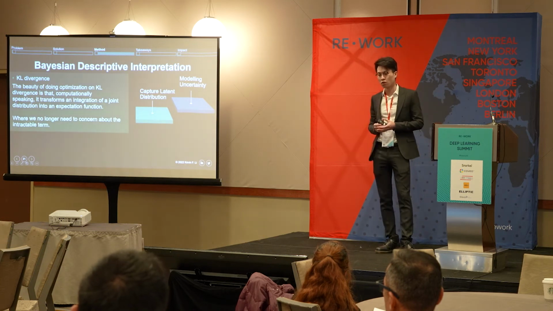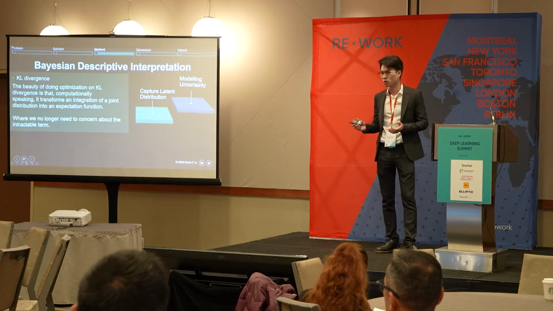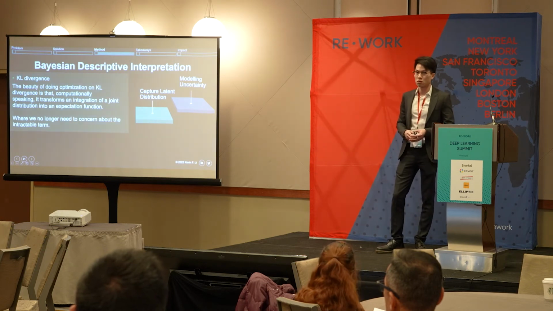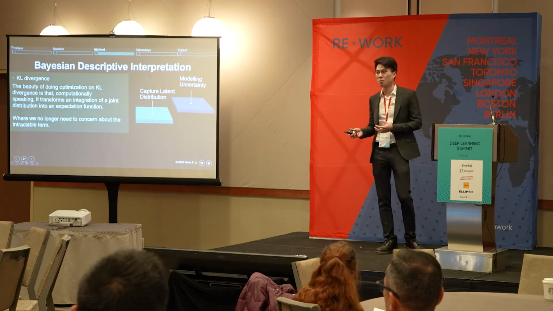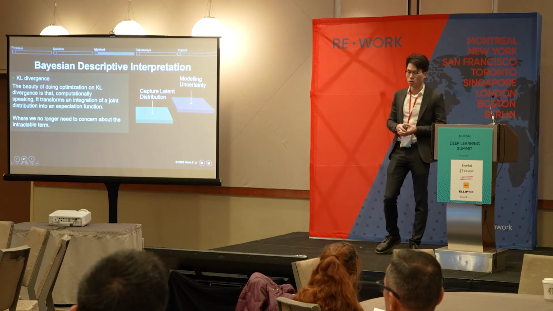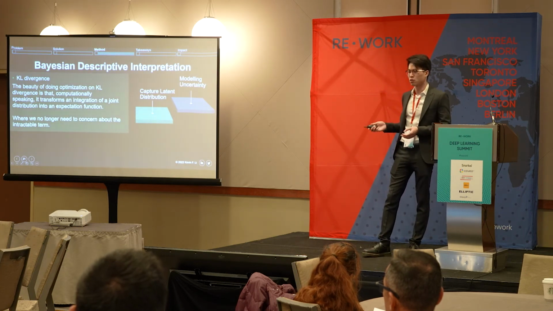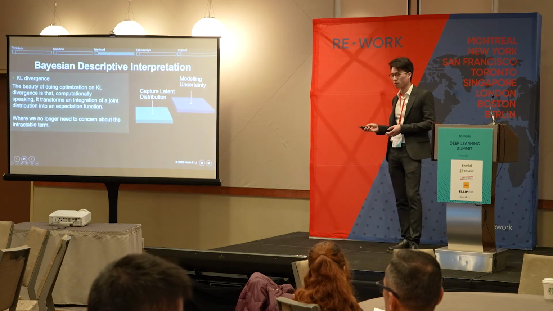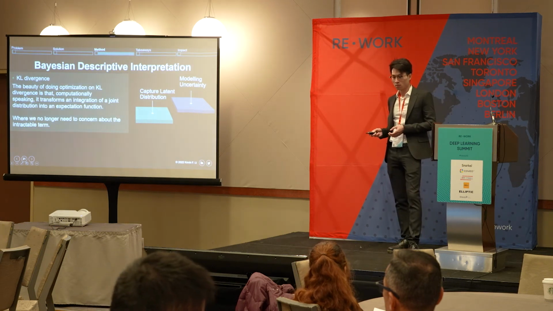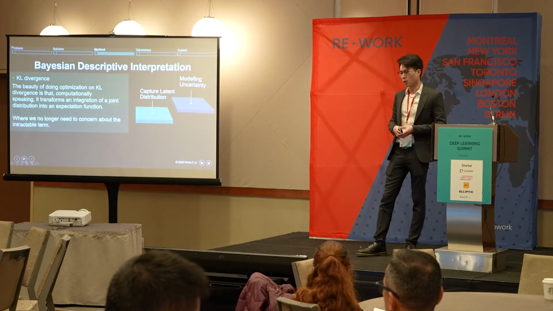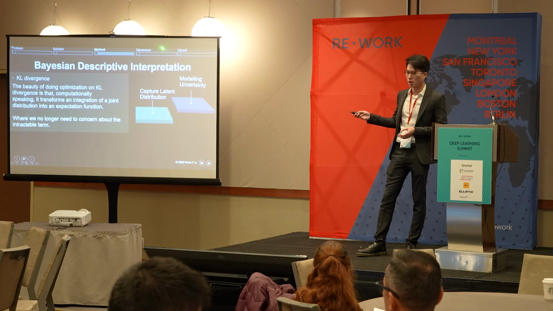Computationally speaking, it transforms an integration of a joint distribution, whether it is the joint distribution of your data or the joint distribution between your labels and your data, into an expectation function, where we no longer need to be concerned about the intractable term. So in the results, I'm going to highlight how we are able to capture the latent distribution and model uncertainty.